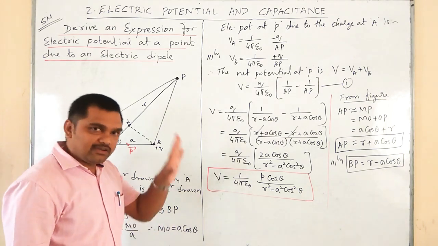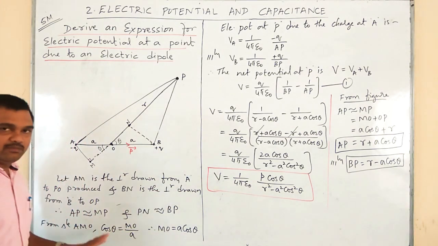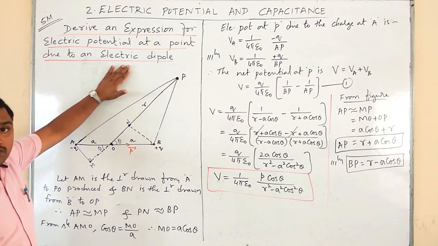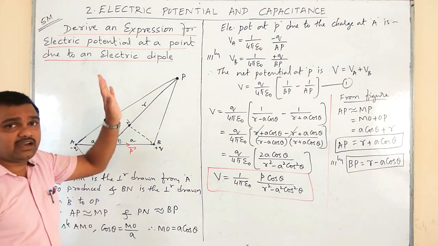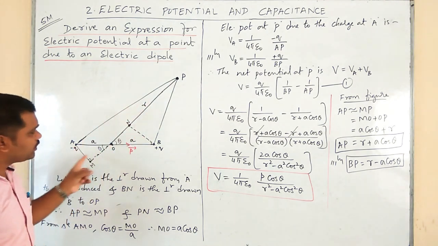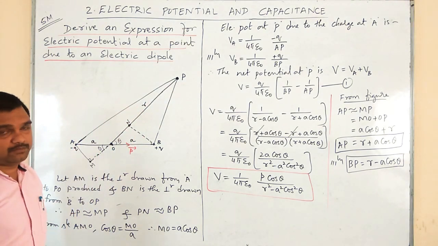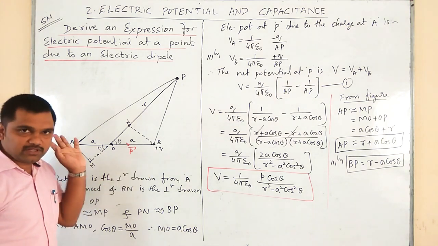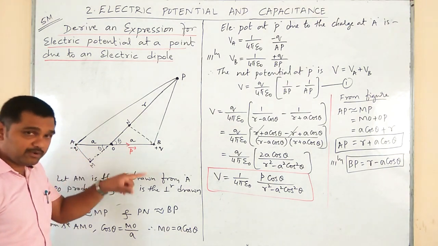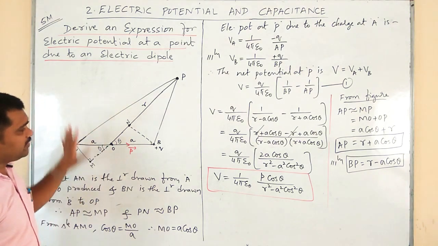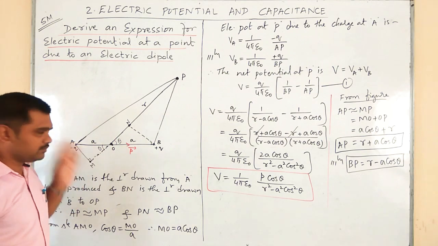Please remember, I will repeat once again an important derivation. Please see here. In the question, they are asking to find out electric potential at a point due to an electric dipole. Therefore, I have taken one electric dipole, minus Q and plus Q, two equal and opposite charges. I have placed them at A and B respectively. And we are all doing this inside vacuum.